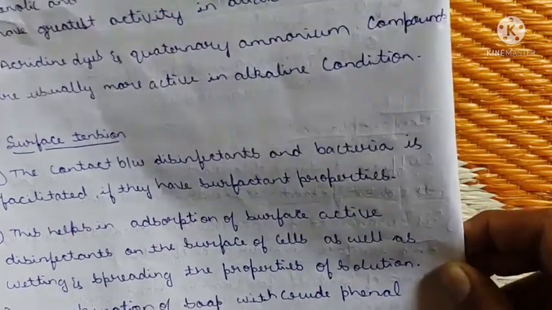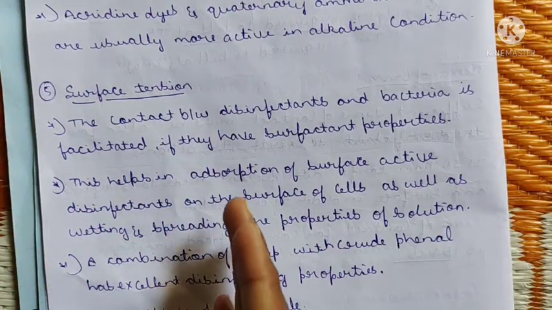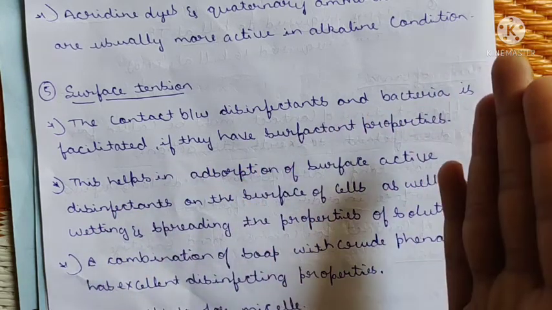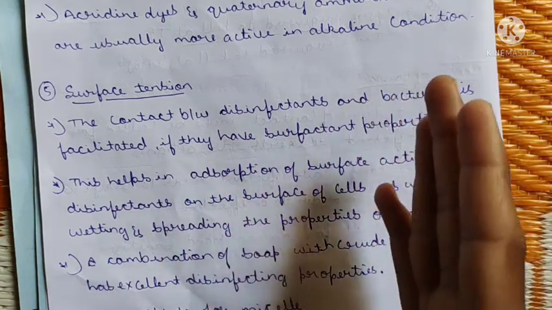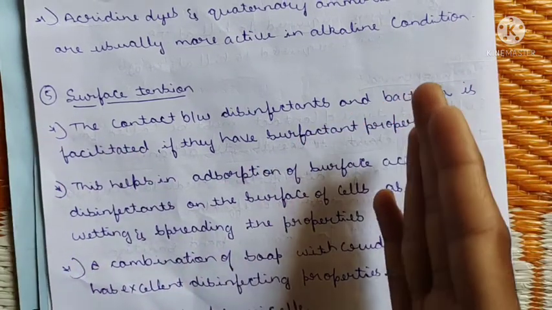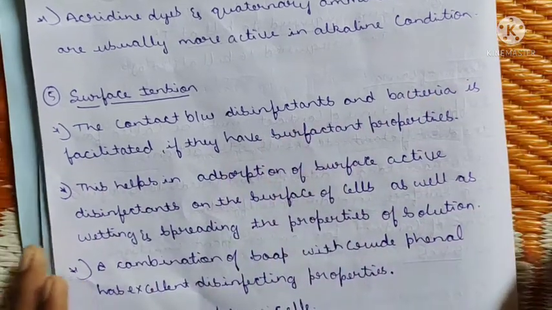This helps in absorption of surface active disinfectants on the surface of the cell, as well as wetting and spreading the properties of the solution. This surface tension should be greater in the disinfectant. Why? It will wet the whole surface of the microbe and kill or inhibit the microbes.